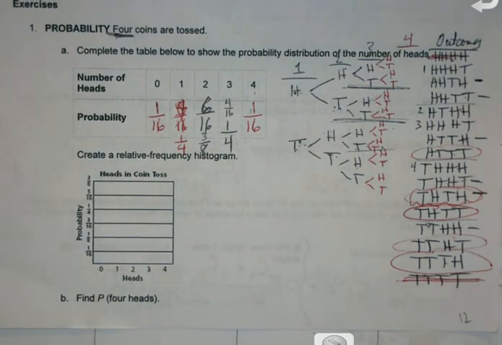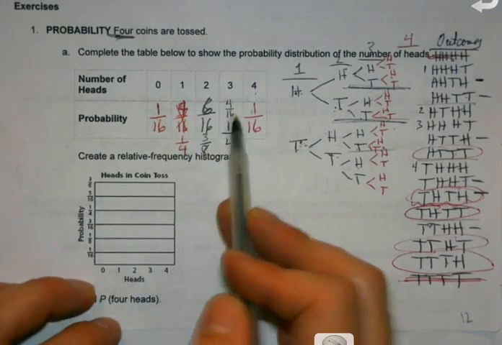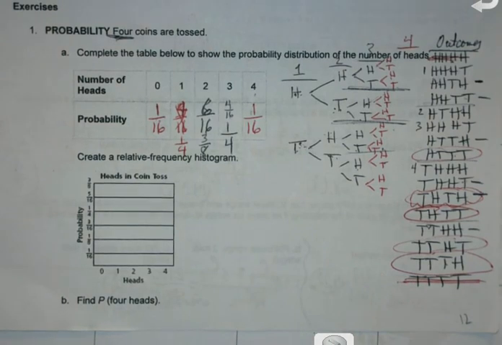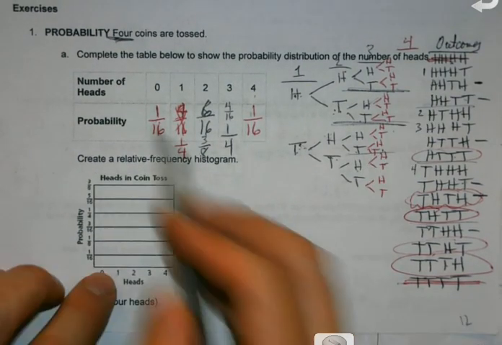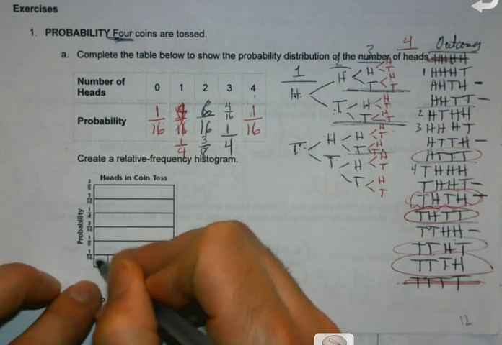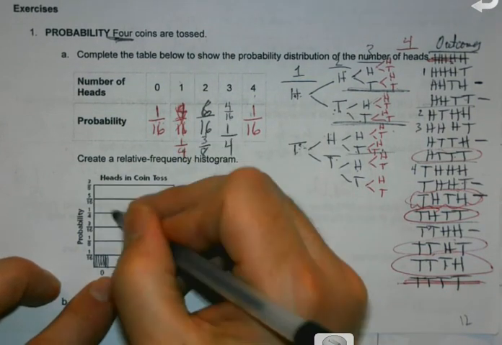And it's important when you do find them to go ahead and reduce them, because it's nice that I can see here, because if I kept them in 16ths, I could add up and see, wait a minute, I missed one, what happened, and get it fixed. But by reducing it, so 0 is 1/16. One of them was 1/4.